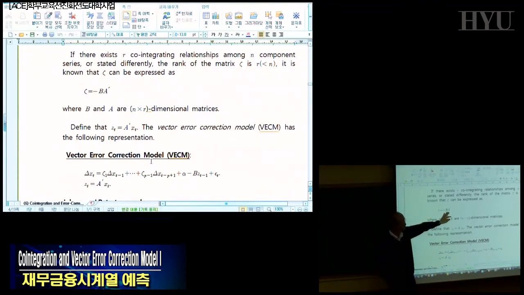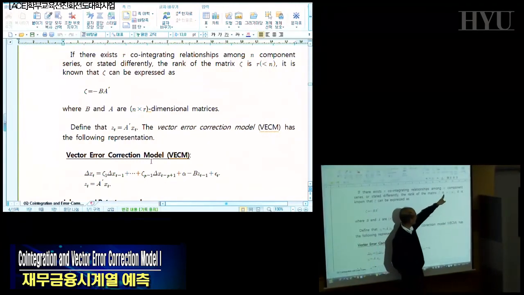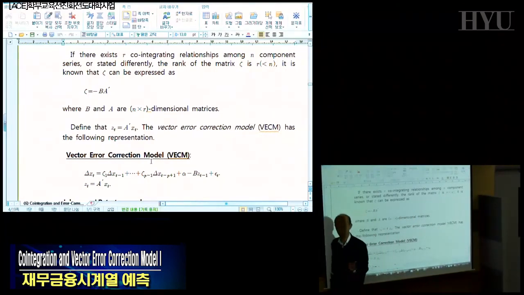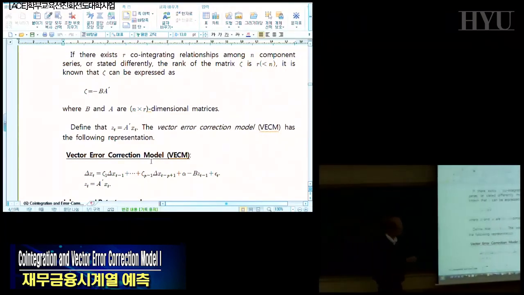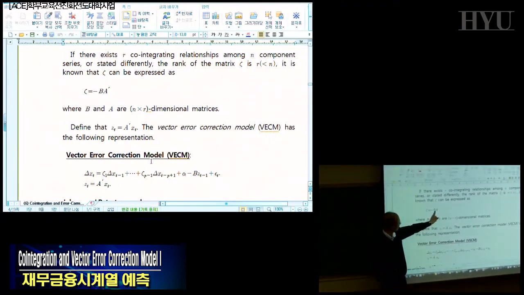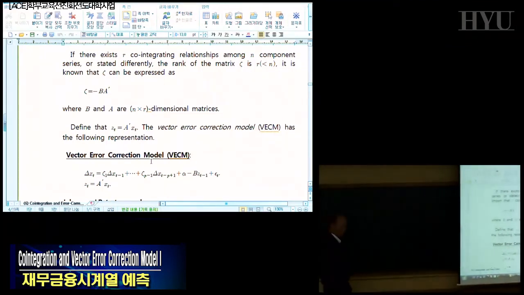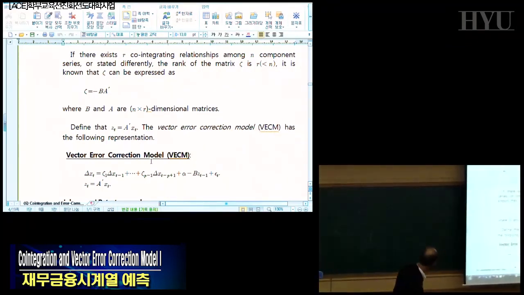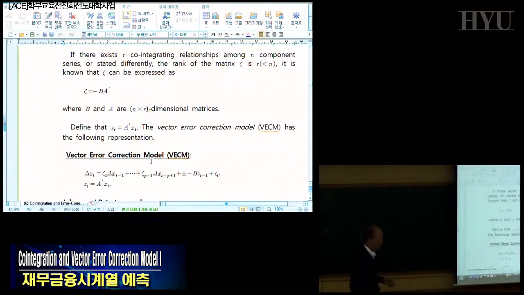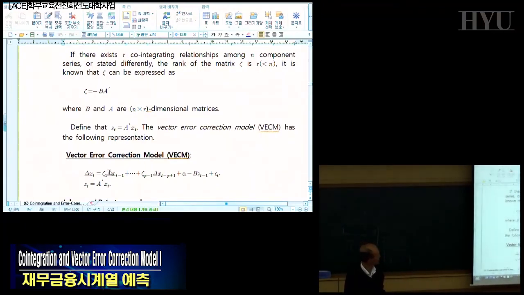So this is the theory part, where if the rank of this turns out to be r, which is less than n, the dimension of these two matrices is going to be n times r. So let's go back to this part first. Okay, suppose this is the case.